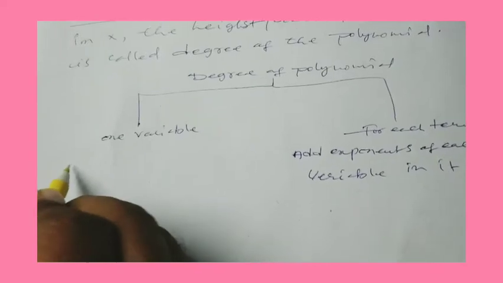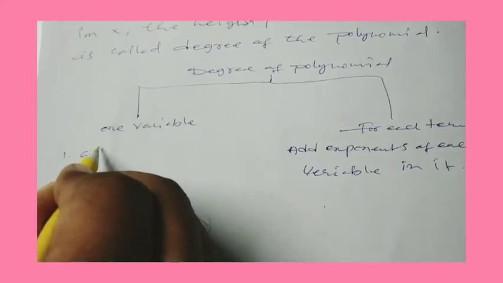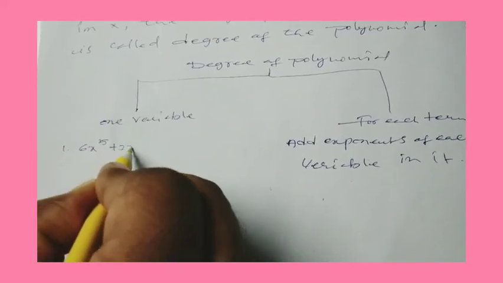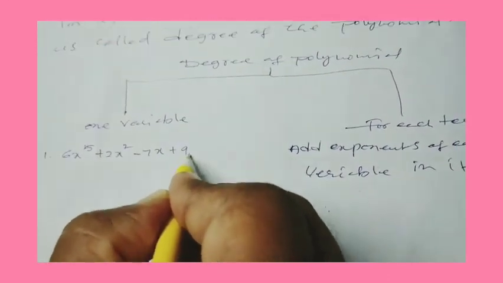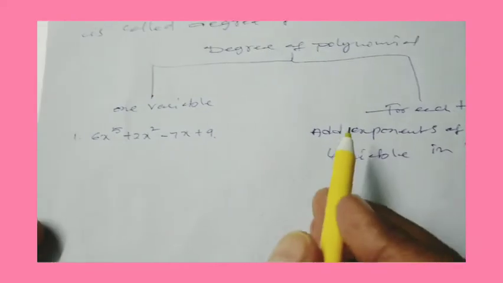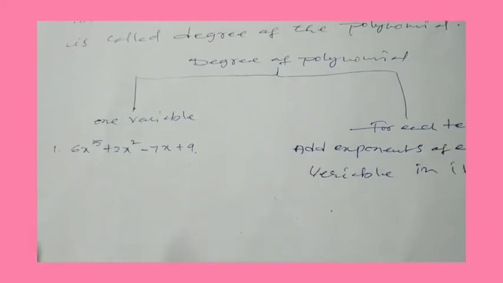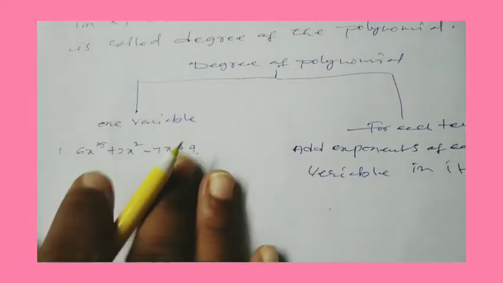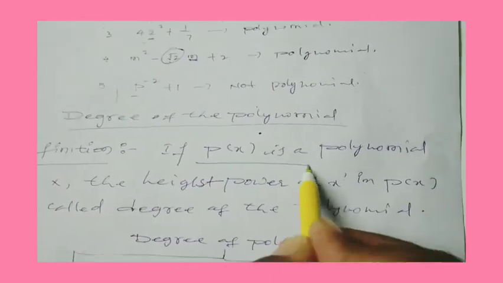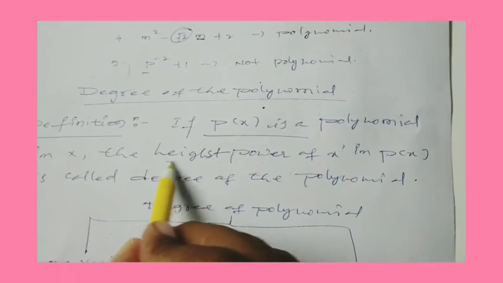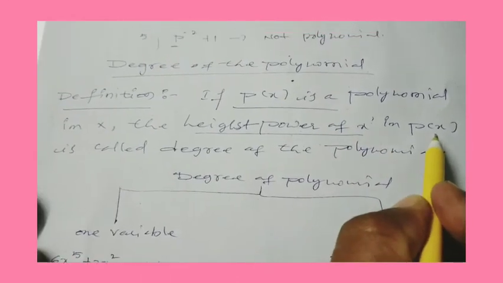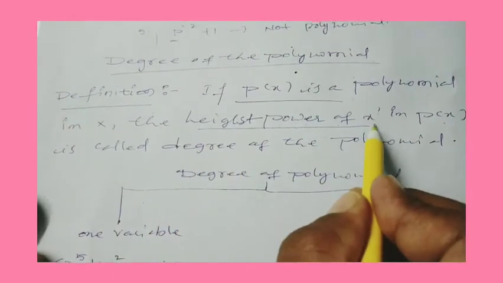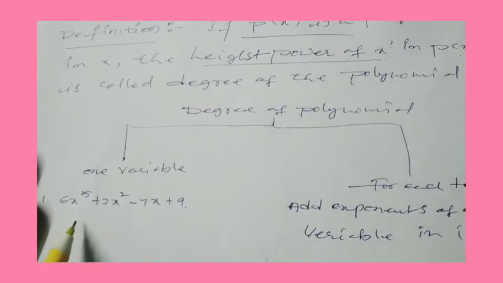First example is 6x power 5 plus 2x square minus 7x plus 9. This is a polynomial. Now we are going to write its degree. The definition says: p of x is a polynomial, the highest power of x in p of x, the highest power of the variable. Here the variable is x. What is the highest power of x?